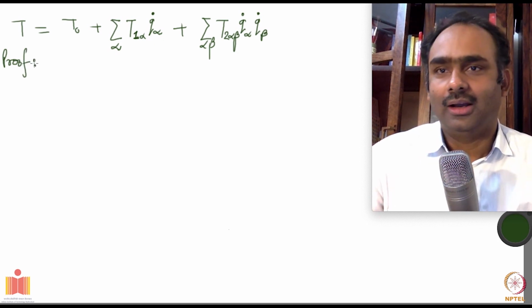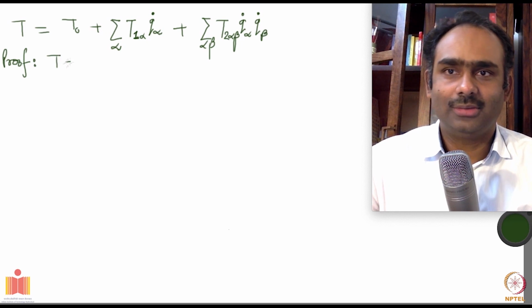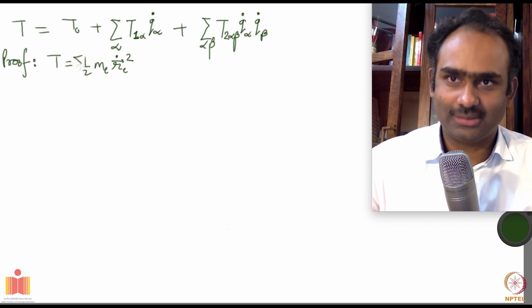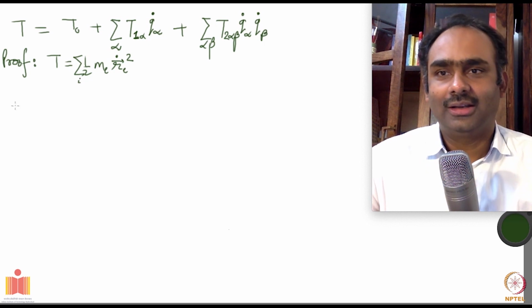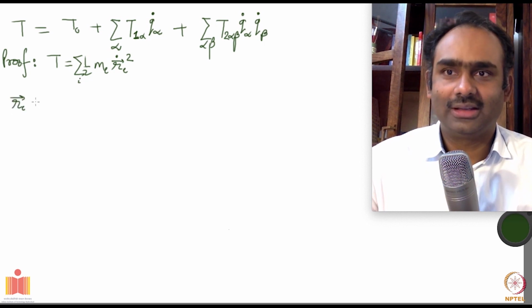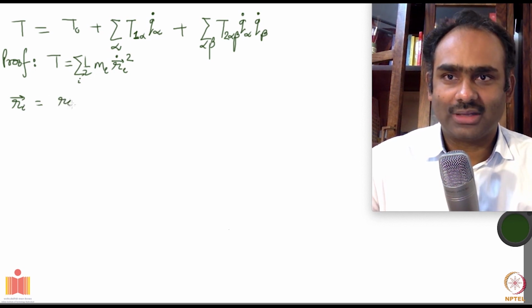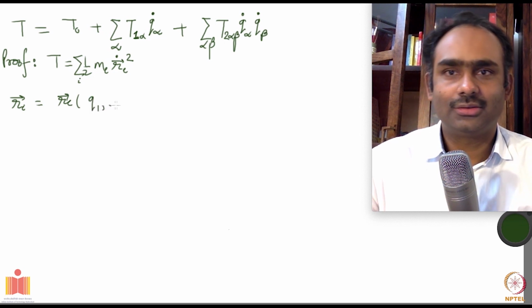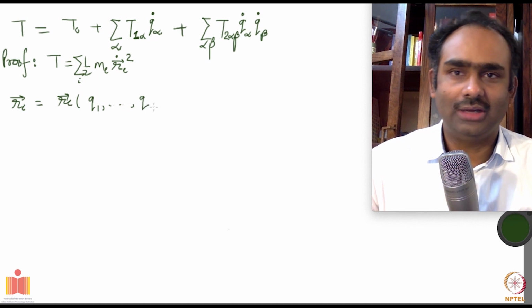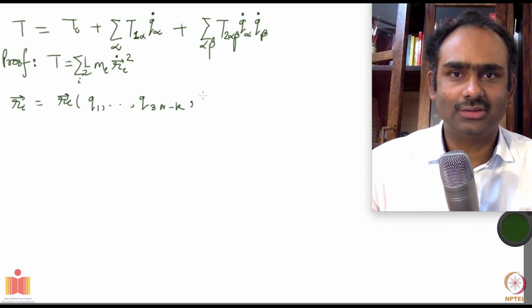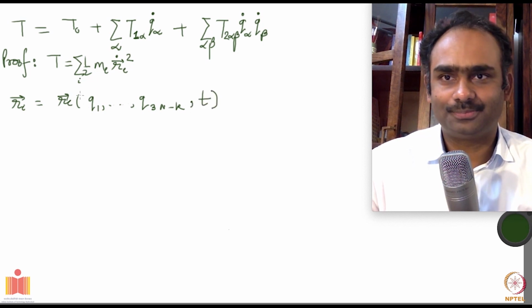So what do I have to do? Just remember that T is half m_i r_i dot squared, summed over all the particles. Now your r_i will be related to your generalized coordinates by the following: r_i of q1 up to whatever q you have, let's say 3N minus k, the total number of degrees of freedom, and it could also possibly depend on time.